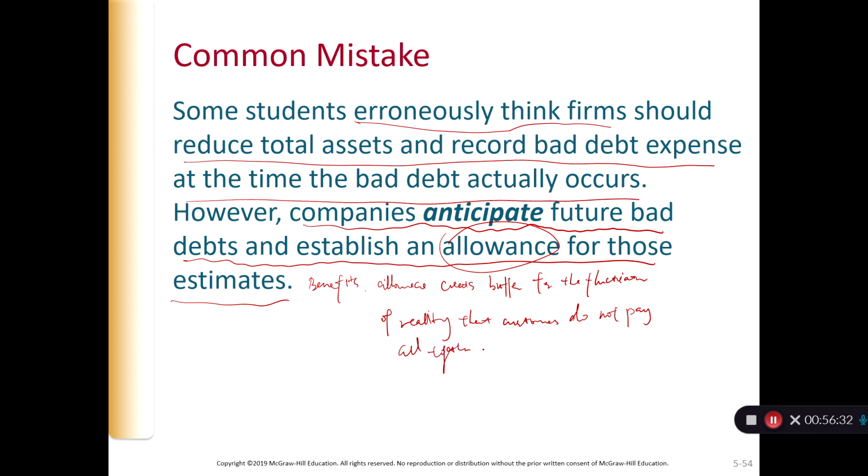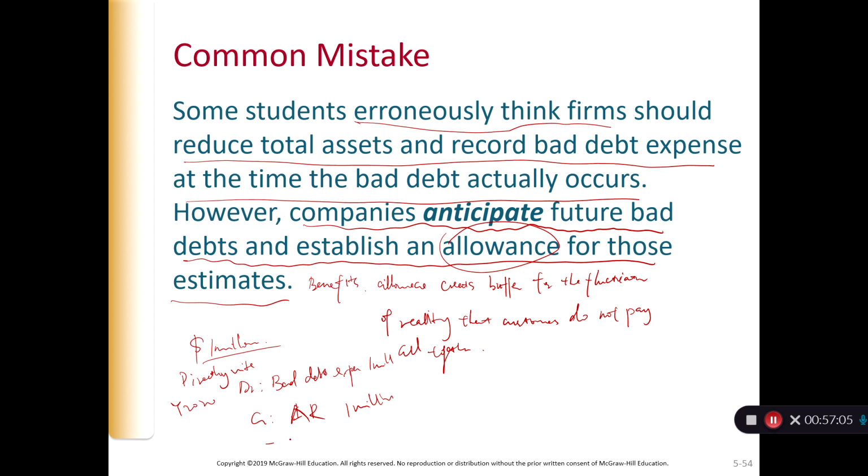If you use the direct method, think about it. You have $1 million in accounts receivable outstanding, and all of a sudden everybody fails to pay you. Under the direct method, you directly write off in that year, say 2020. That's bad news for sure: bad debt expense of 1 million and accounts receivable written off for $1 million.